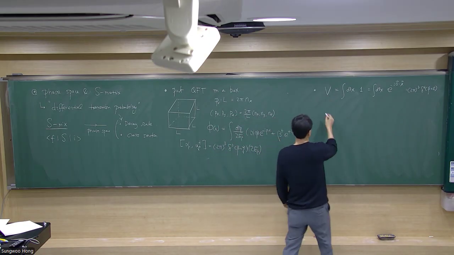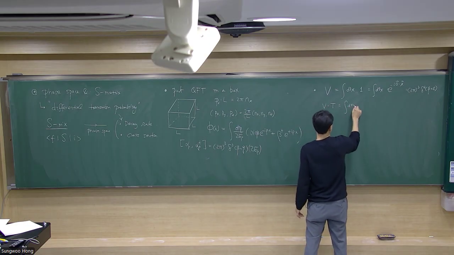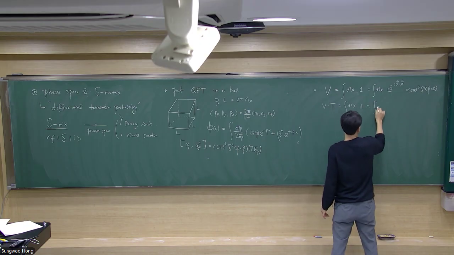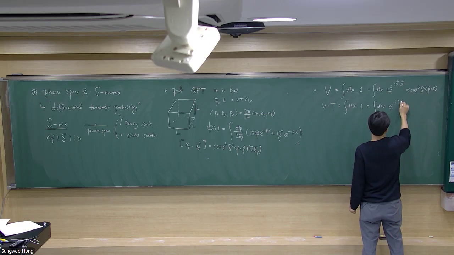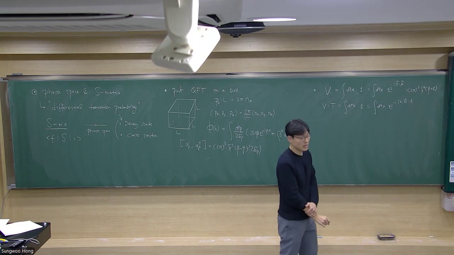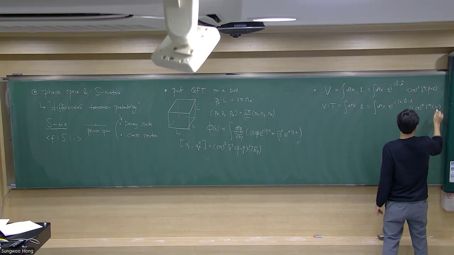Okay? You can do the same thing: V times T is d4x times 1, d4x into the minus 0, the 0 vector dotted with the x, right? So space and time being both 0, and then this is (2π)^4 δ(0).